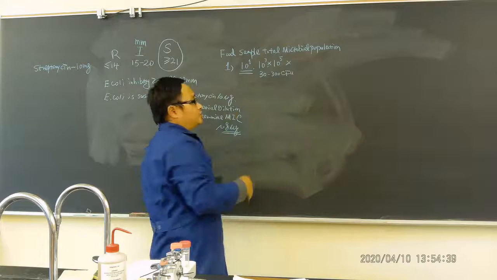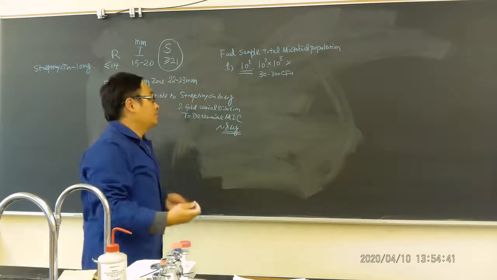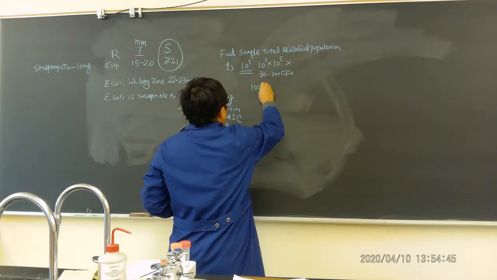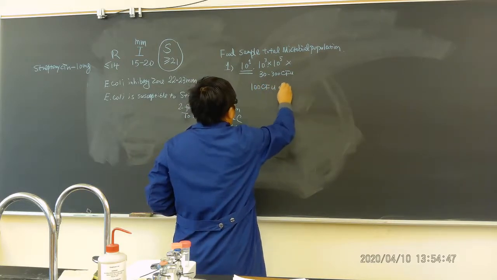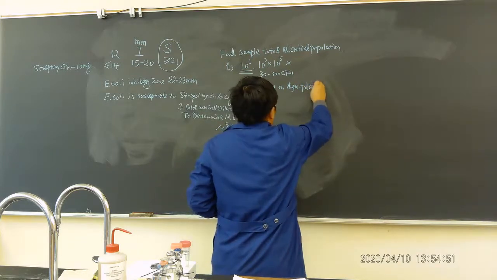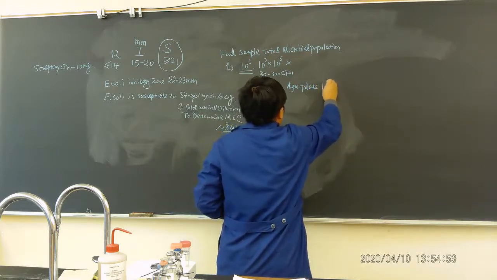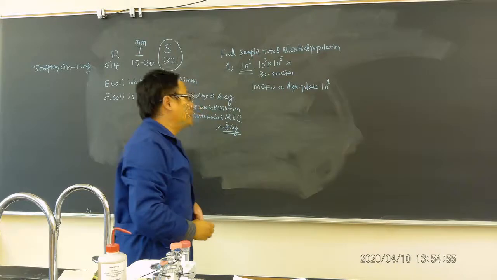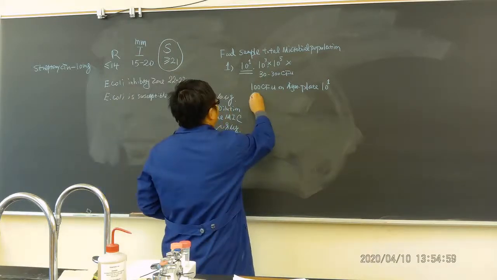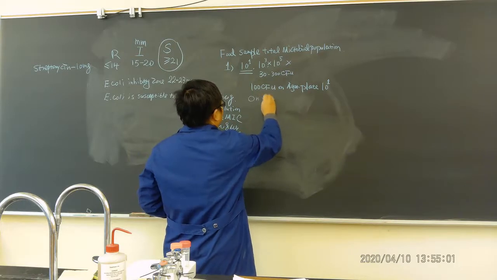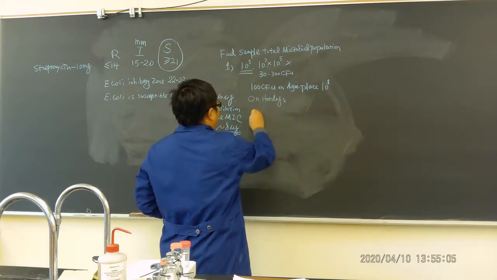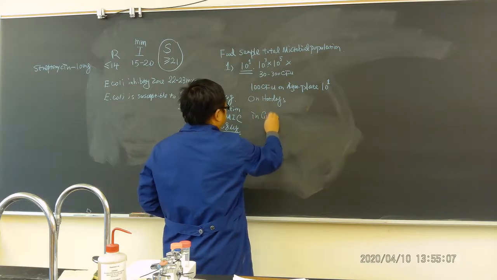But here, let's just give an example. Let's say I had 100 CFU on an agar plate, which is 10 to the 1 dilution. Now I want to determine how many bacteria are on the hot dog and how many bacteria are in the ground beef.